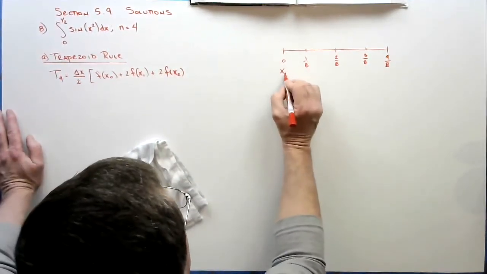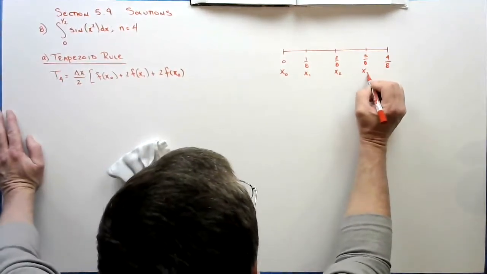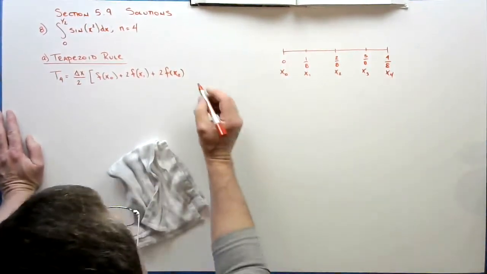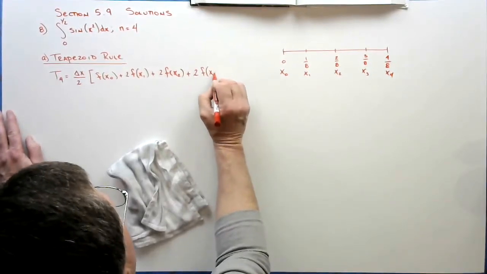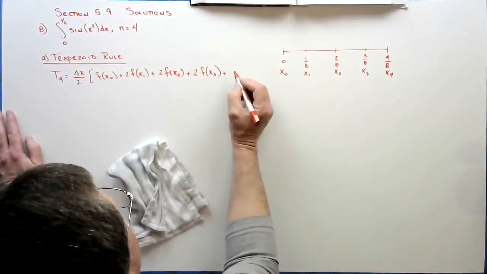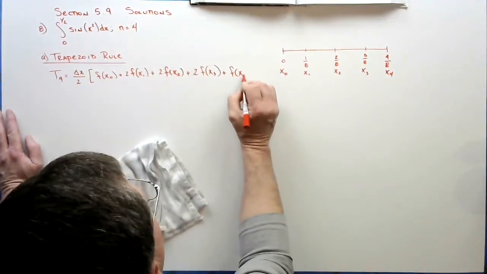So this is x sub 0, this is x sub 1, this is x sub 2, this is x sub 3, and this is x sub 4. So we're going to need plus 2 times f of x sub 3, and then finally plus f of x sub 4.